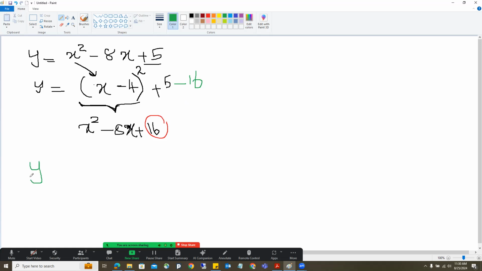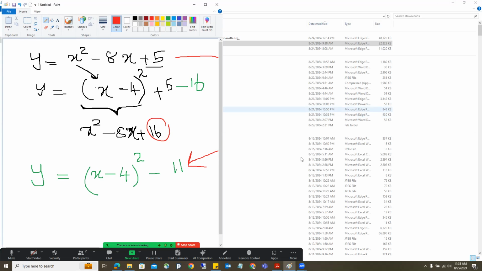Then we are receiving the final form of the vertex form, that is (x minus 4) completely squared plus 5 minus 16. There we have minus 11. So this is the vertex form of the equation. We start with the standard form and then we convert it into a vertex form. Is it clear? Yes. That's what they have also done.